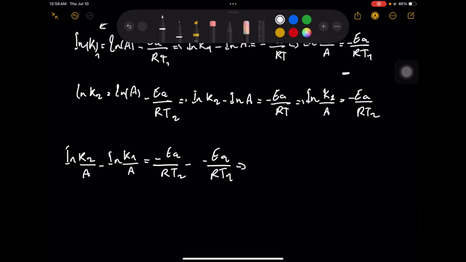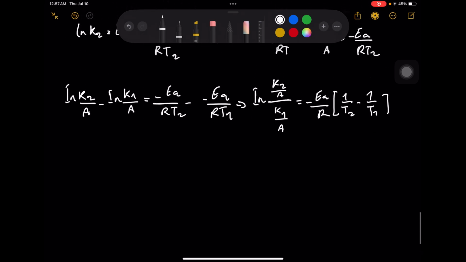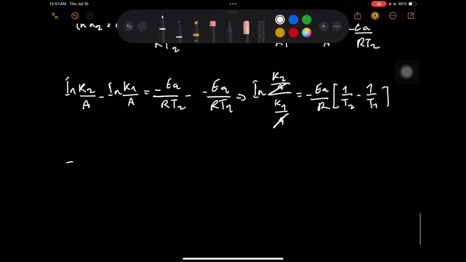Then you just have to use the natural logarithm rule, so it's ln of k2 over a, k1 over a. The negative Ea over R is a constant, so we have negative Ea over R times 1 over T2 minus 1 over T1, and then the a's will cancel each other out.